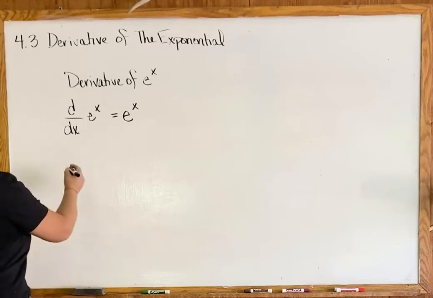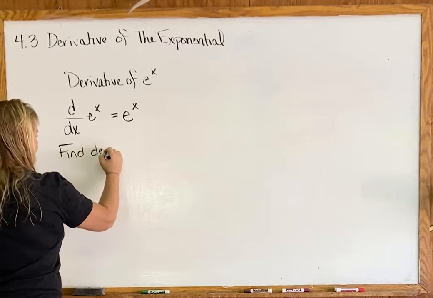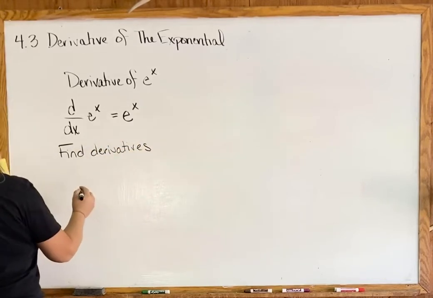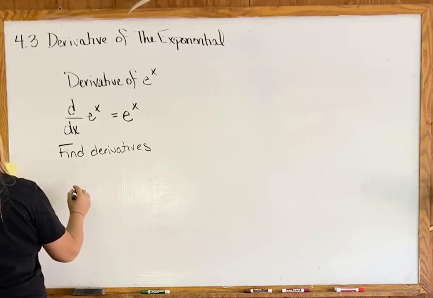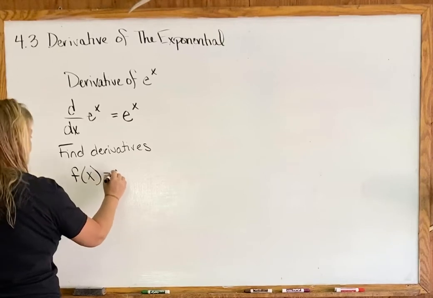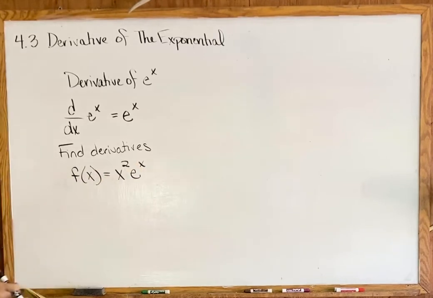As our first example, we're going to find some derivatives. They give us f of x is x squared e to the x. So x squared times e to the x, which I know we haven't practiced in a while, means we're going back to the product rule.